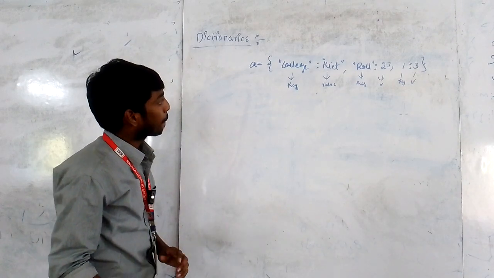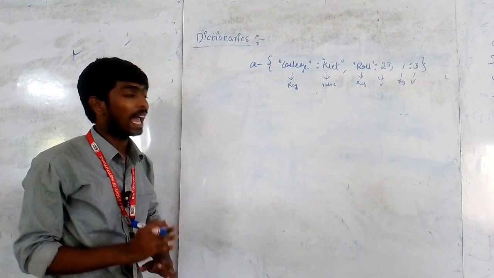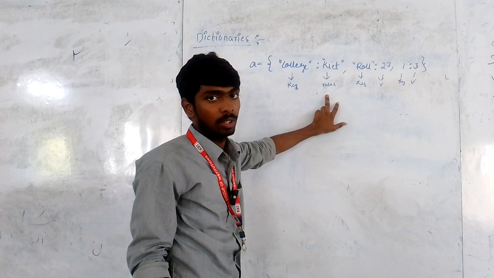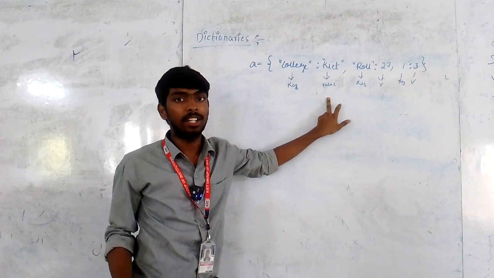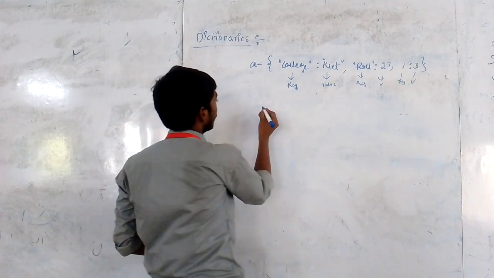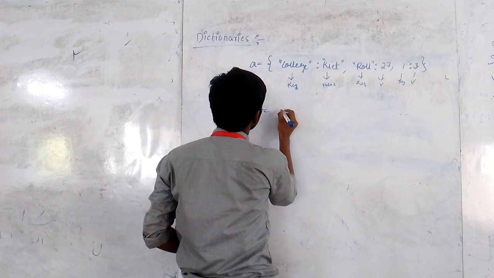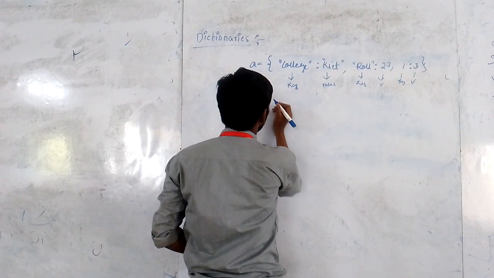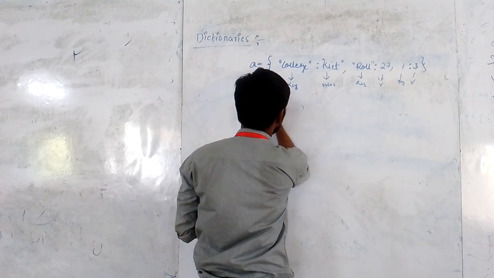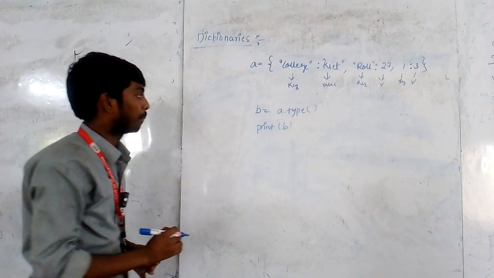Another point to be noted is that in a dictionary you cannot access keys, you can only access values. So let's see some methods in dictionary. At the start, let's see the basic methods. For example, if you take b equal to type of a, print b.